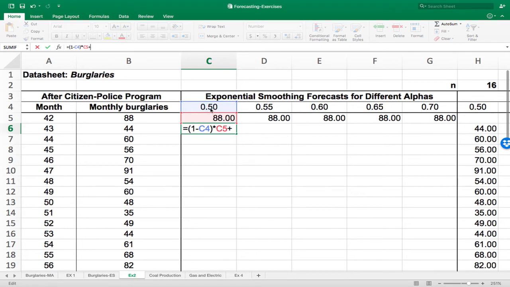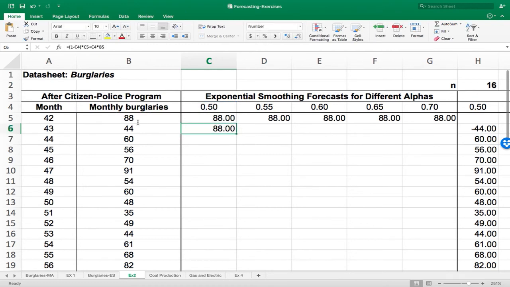My alpha is right here, times my actual observation stored in B5. Okay, so this is the actual observation that I received for the month 42. That's why I have to update this formula, and this is my forecast for this time period. Okay, hit OK. Well, this is 88.